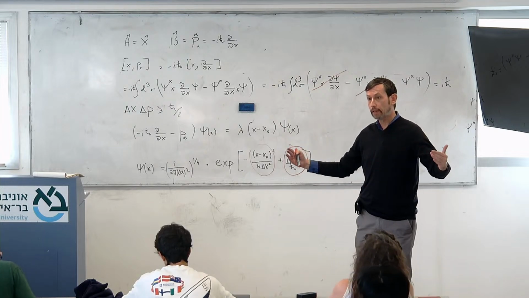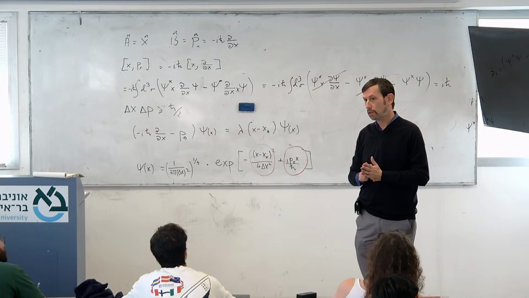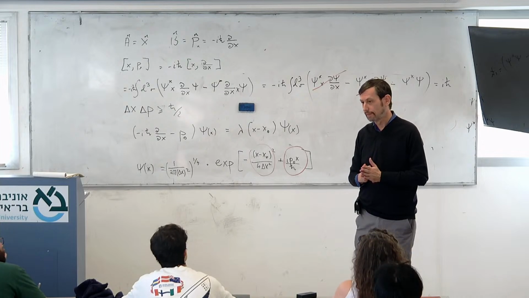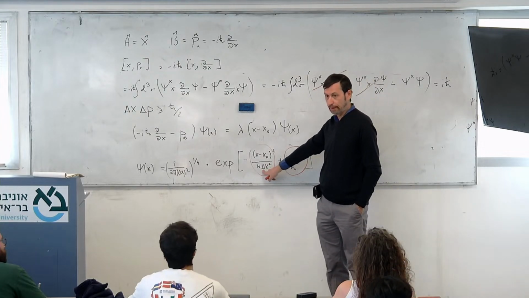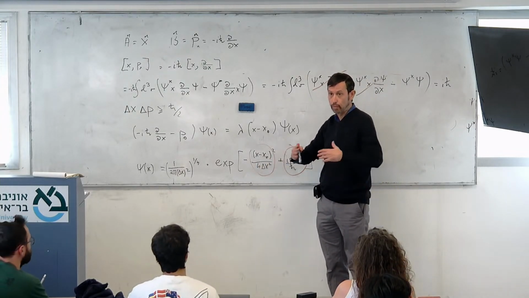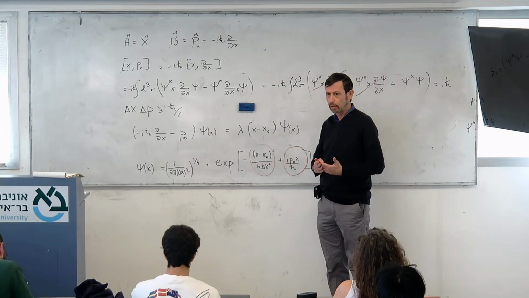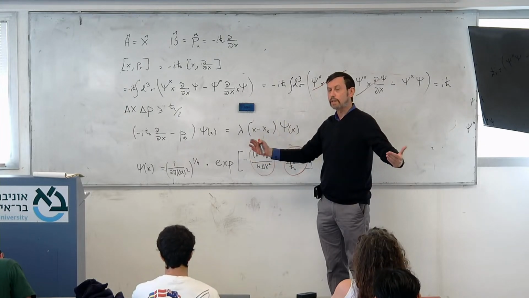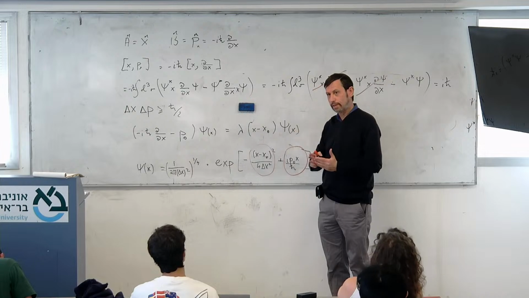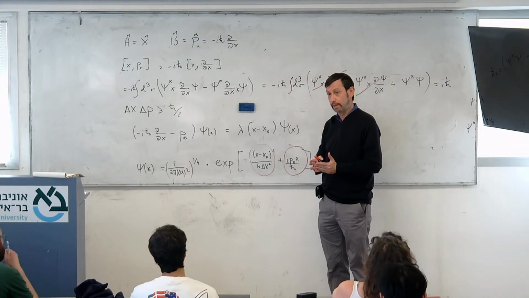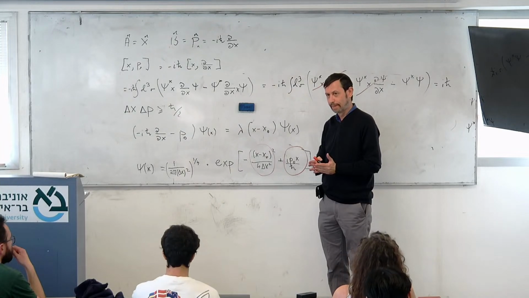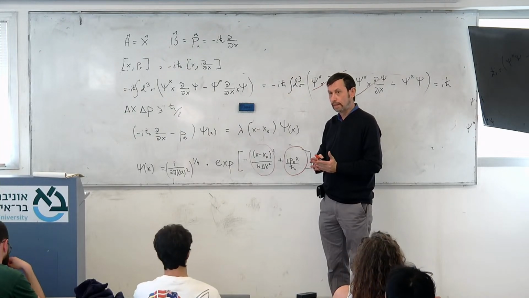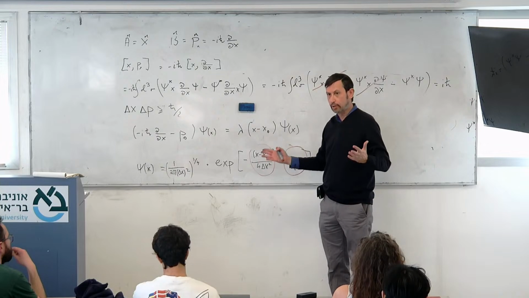Is it a wide or a narrow Gaussian? Delta x defines the width, and it could be wide or smaller. The wider it is in x, the smaller it is in p. So delta x times delta p is h bar over 2.